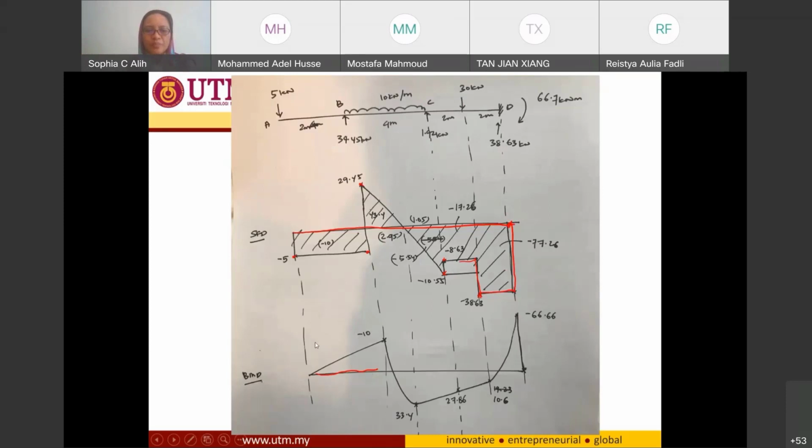Okay, now in order for me to calculate my bending moment diagram, it's also very straightforward. I just need to calculate how much is the area of my shear force diagram. So this one, 5 times the length of my beam, which is 2, so I get -10, because it's negative. Okay, -10.